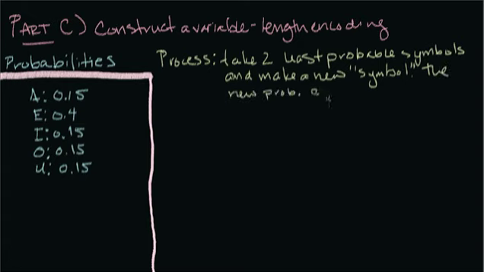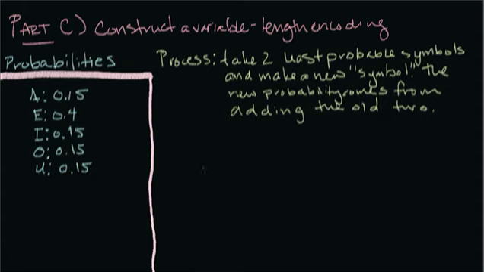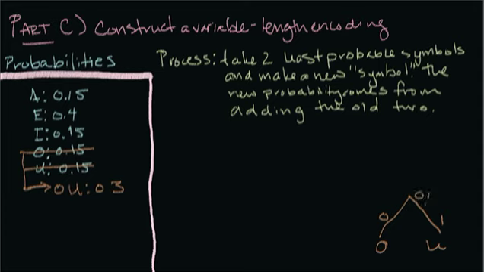So a new probability comes from adding the probabilities of the 2 old ones. Those 2 smallest are O and U, or 2 of the smallest. There's a tie. O and U, add that, and the probability for O or U is 0.3. So if you get to this node up here, you could go down and get O or U.